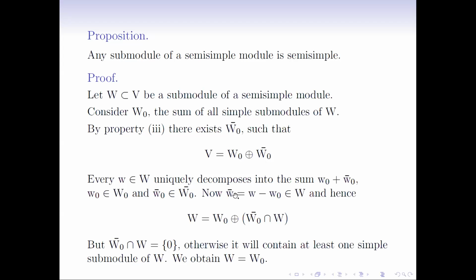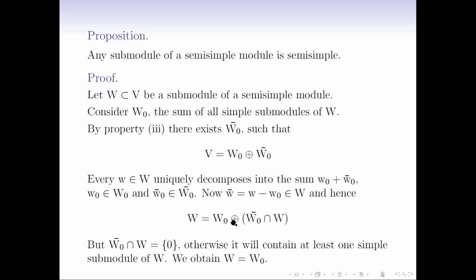It means that w bar belongs to W. So we can always decompose every element in W capital into the sum of two elements, one of which belongs to W0, and the second to the intersection of W0 bar and W, because w bar now belongs to W0 bar and W simultaneously. It means it belongs to the intersection.